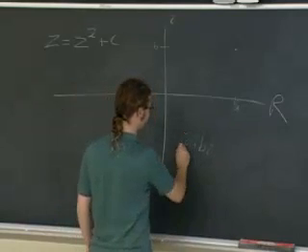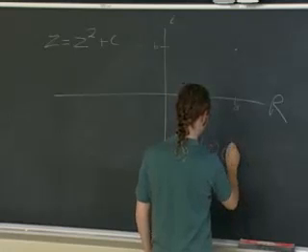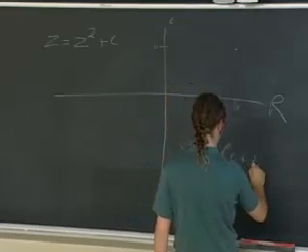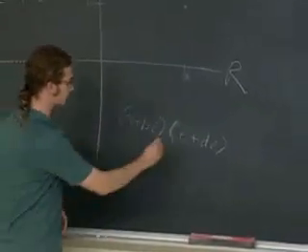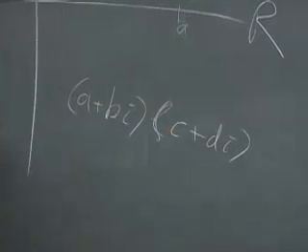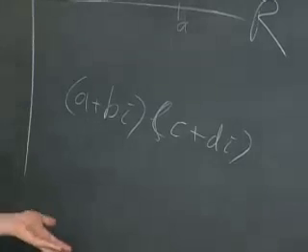So if you multiply two complex numbers together, it's not really that simple. You have to do the actual multiplication out.